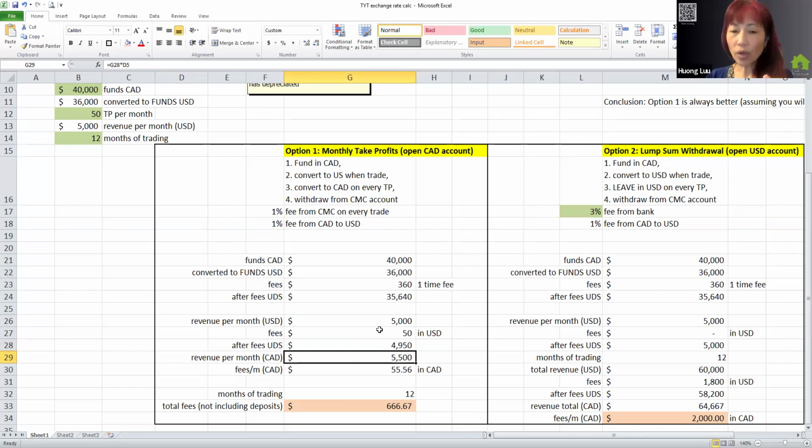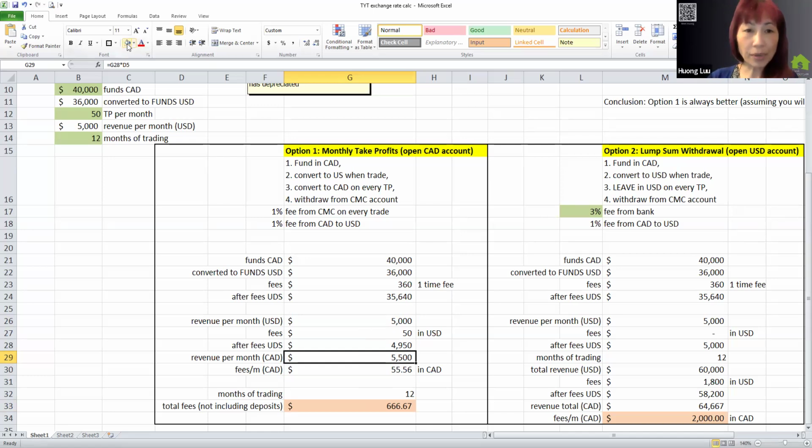So the fees for the take profit doesn't change. That's still 1%, okay, and it's in proportion. But the reason why the fee amount has changed is because now I'm paying an exchange when I pull out my revenue of $550 a month, right? Because I made $5,000, but my Canadian profit is actually higher.